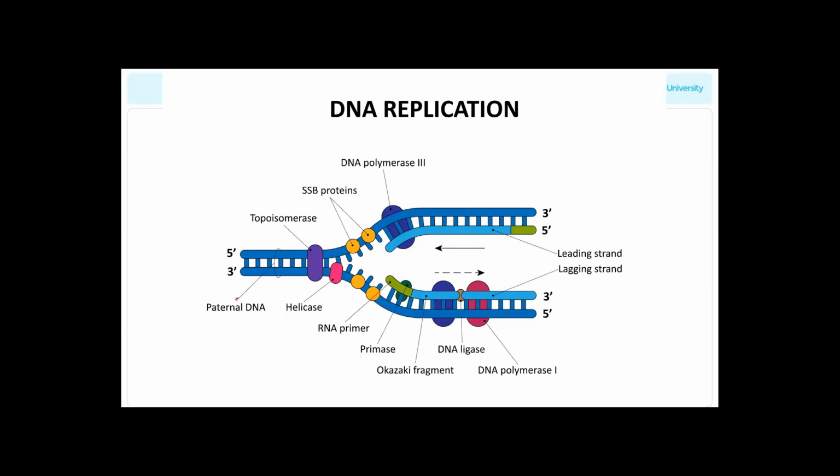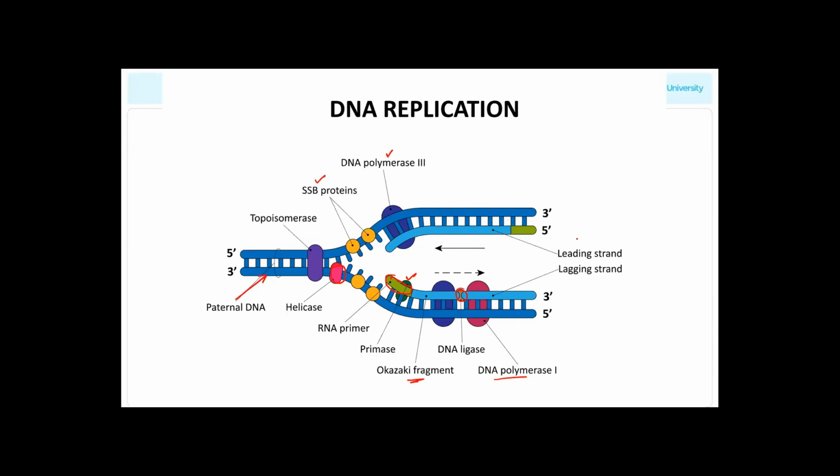Here we have the parental DNA. This is the helicase enzyme. Then we have the RNA primase enzyme and the RNA primer, which starts the replication process. The Okazaki fragments, the DNA polymerase 1, the DNA ligase, which joins the Okazaki fragments, the DNA polymerase 3, and the single strand binding proteins, which keep the DNA strands single so that replication can be done.